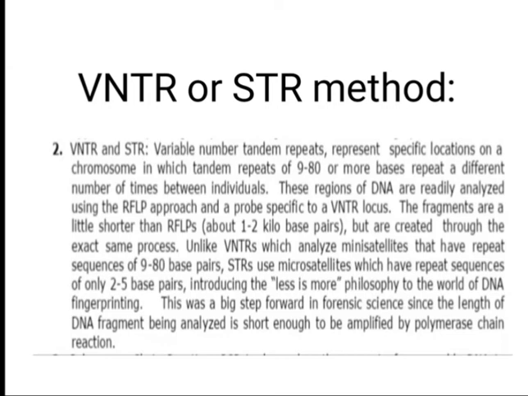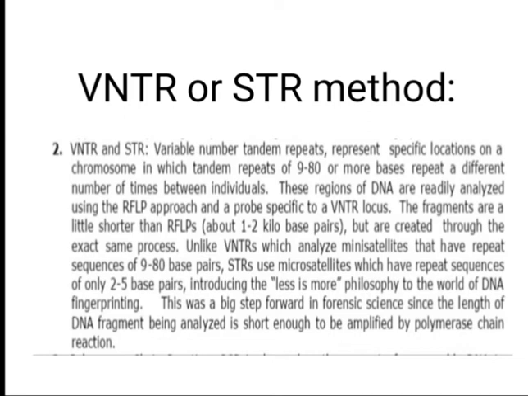Unlike VNTRs, which analyze minisatellites that have repeat sequences of 9 to 80 base pairs, STRs use microsatellites which have repeat sequences of only 2 to 5 base pairs. Means VNTR, variable number tandem repeats, includes around 9 to 80 base pairs, and the pairs are varying.